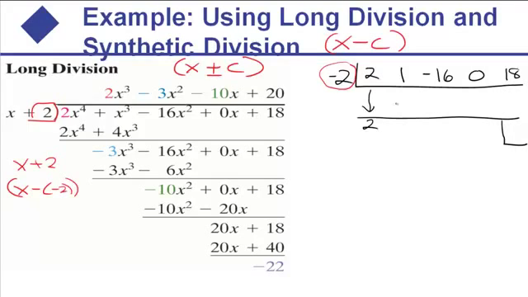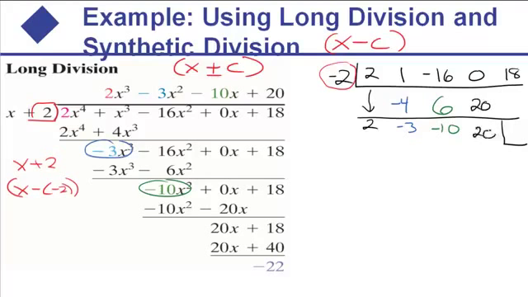Negative 2 times 2, negative 4. Add those together, gives you negative 3. Look at how that is this number right here, right? Okay. Multiply, negative 2 times negative 3 is positive 6. Add those together, negative 10. Hey, does that look familiar? Right. Once more, negative 2 times negative 10 is positive 20.